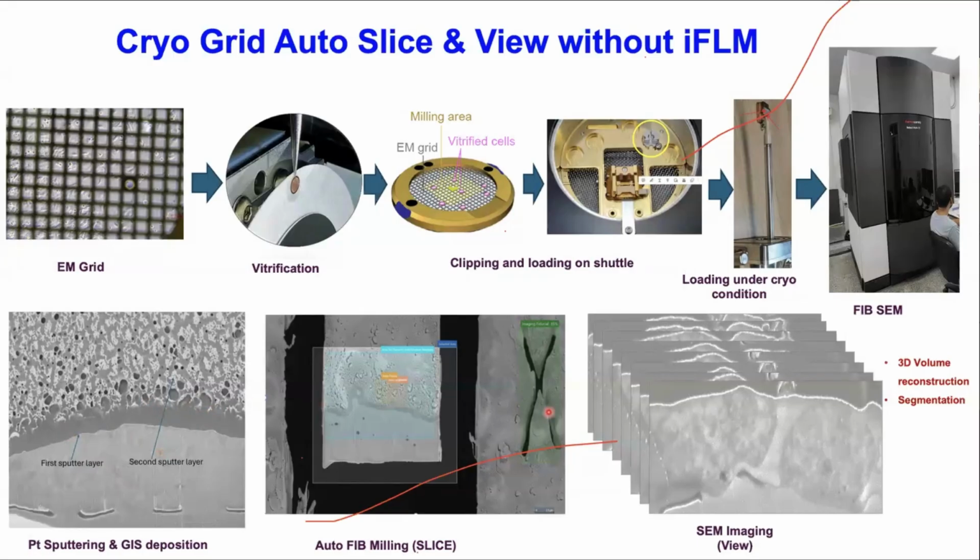So initially we tried to get the images, but it was very poor quality at the time when we started getting this data in January this year. So these are some data, so you can see the cells, but the sputtering is not very proper. See, this is the grid we have used, and this part is where we are going to use for auto slice and view in cryo conditions.